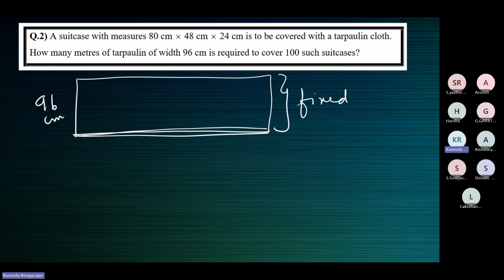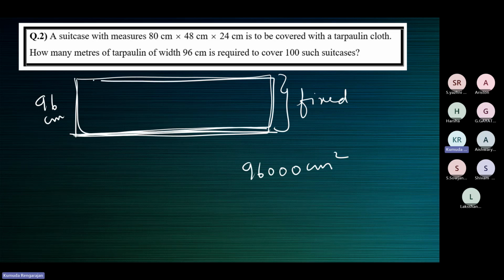So you have to tell the shopkeeper what length you need. What is the area you need? 96,000 square centimeters, assume this much. This rectangular fabric must have this area.